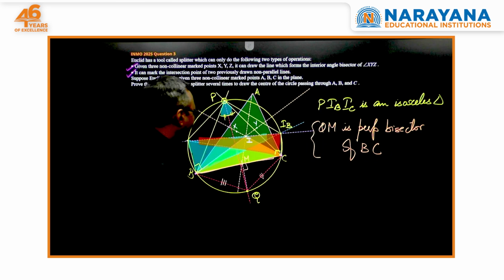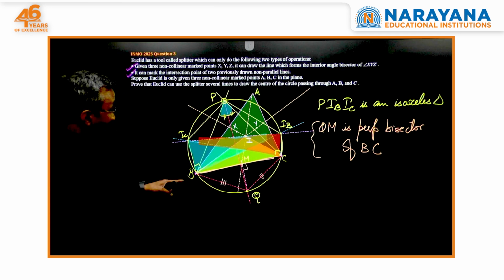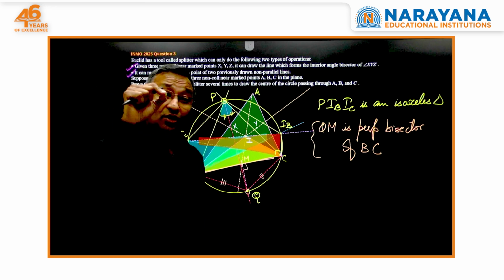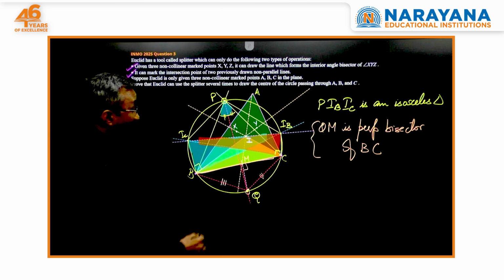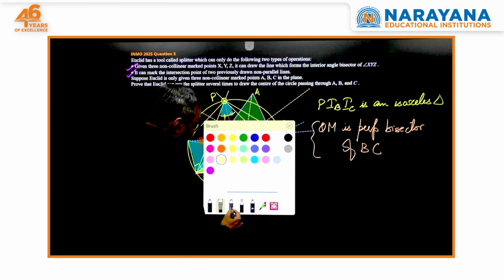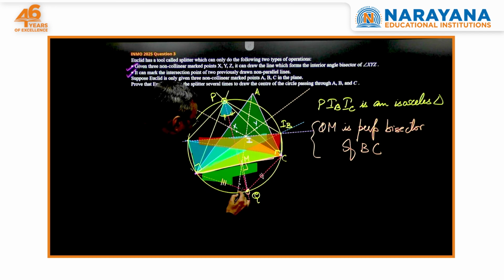We are done. The moment I draw the angle bisector of angle BPC in triangle PBC, it meets the circumcircle at Q. This circumcircle is not your desired circumcircle, but whatever be the circle, triangle BQC is isosceles, and it helps me in solving the problem.